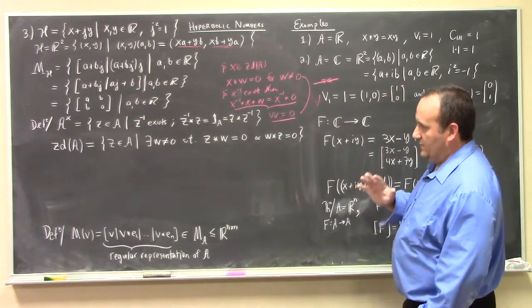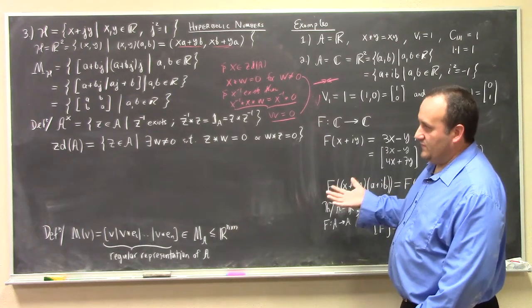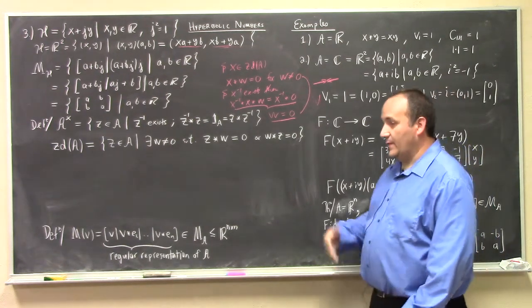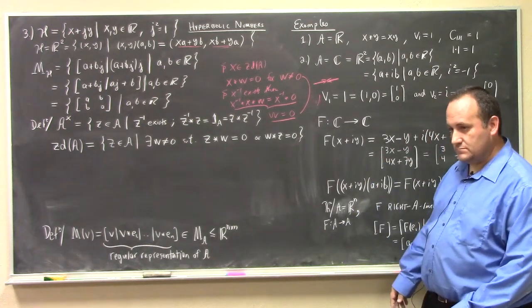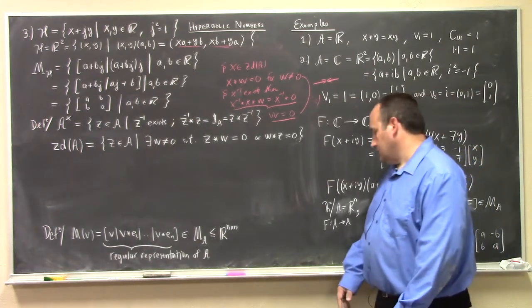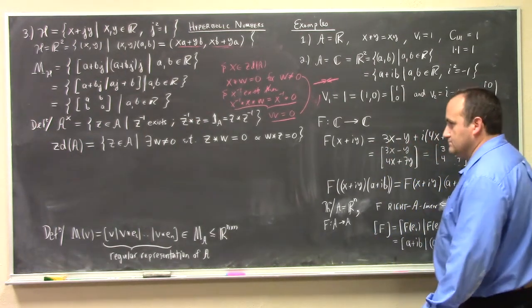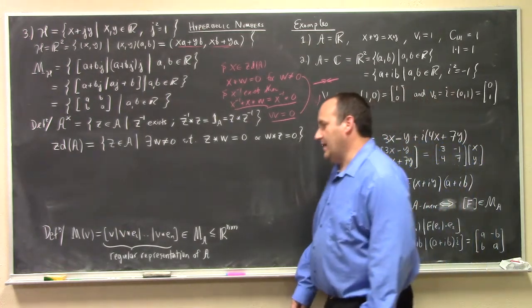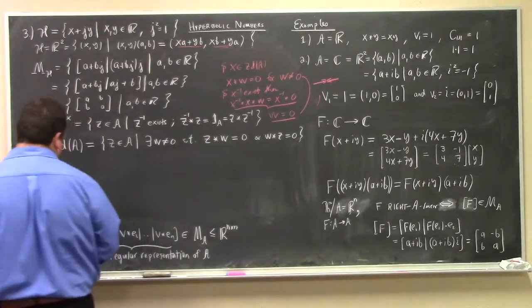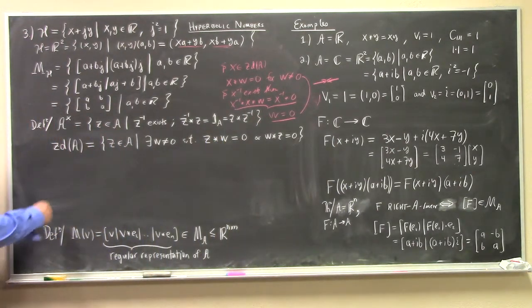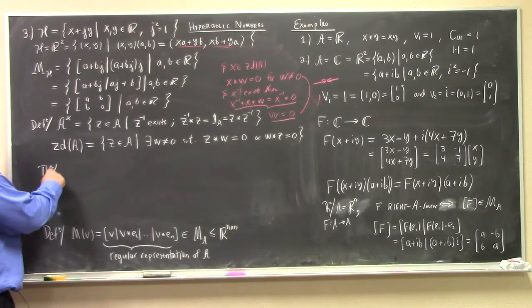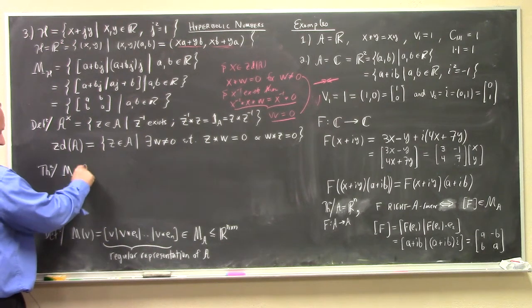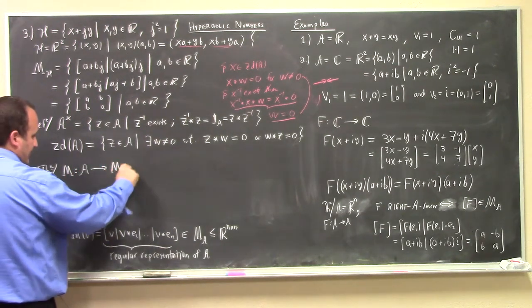So then, question: what are the invertible elements and what are the zero divisors of the hyperbolic numbers? So this mapping I defined down here, this theorem, this map M, that's a mapping from the algebra to the regular representation of the algebra.